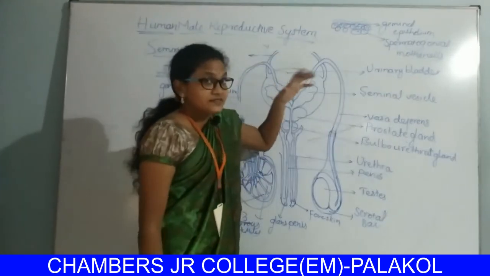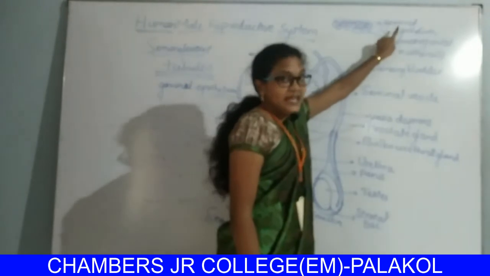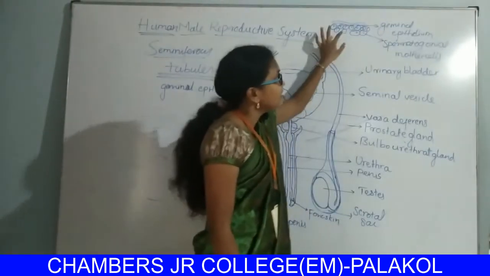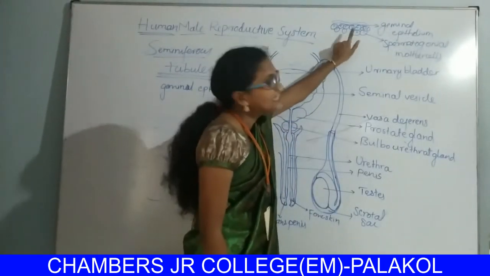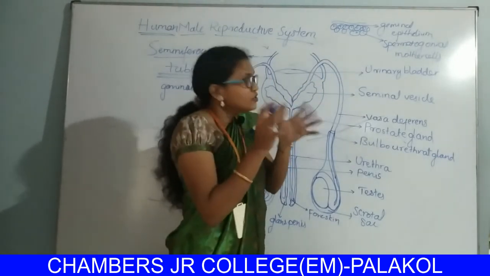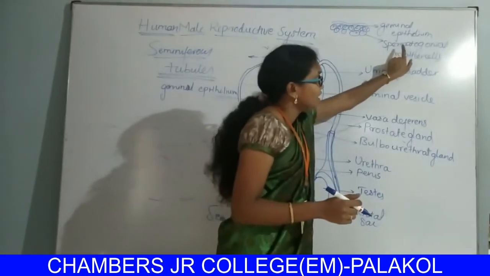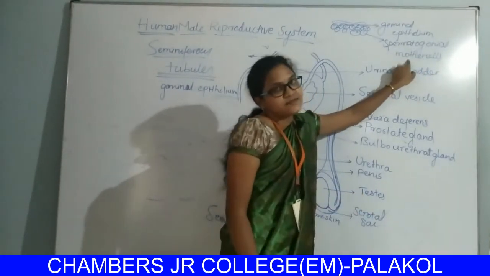So the seminiferous tubule is lined by a germinal epithelium. This germinal epithelium contains undifferentiated cells. They are not differentiated into particular cells, so they are called spermatogonial mother cells.